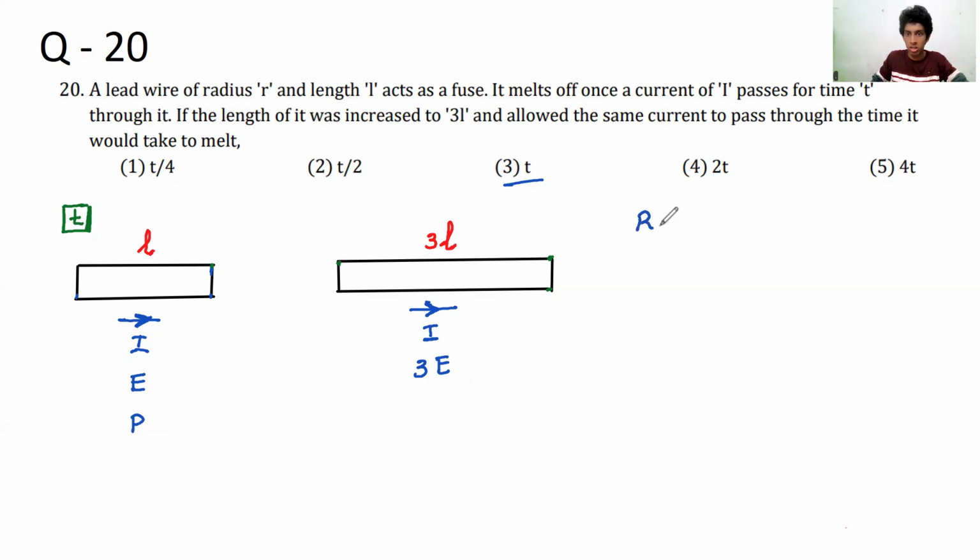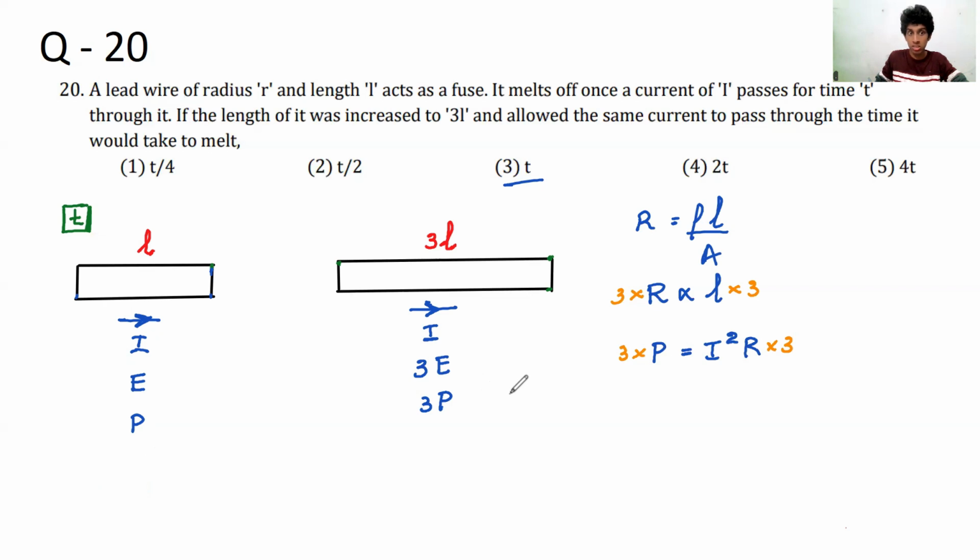So R equals rho L over A. As rho and A, that means resistivity and area of cross section, are constant, R is directly proportional to L, and P is equal to I squared R. So when we increase the length by 3 times, the resistance will also be increased by 3 times. And as the resistance is increased by 3 times, the power also increases by 3 times. Therefore, the rate of heat energy produced at the second instance is 3P.